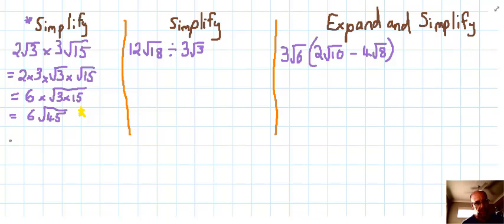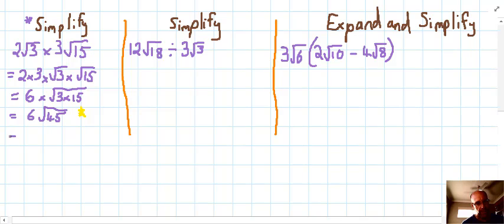Now the 6 can't be simplified, obviously, but square root of 45, remember, can be written as a product of one square number, one square factor, 9 by 5. So we're actually reversing the process in that step, but we're using different factors.